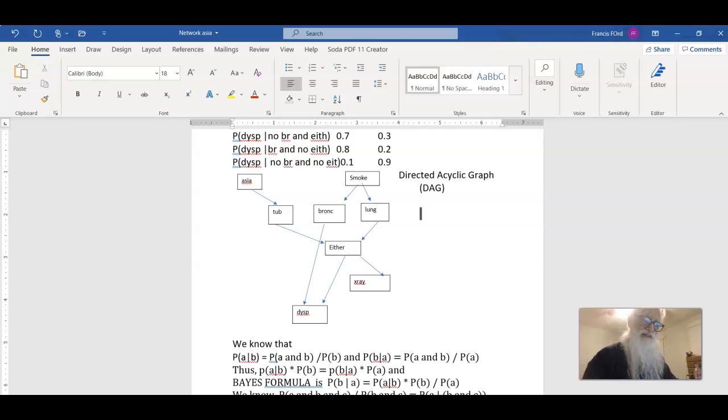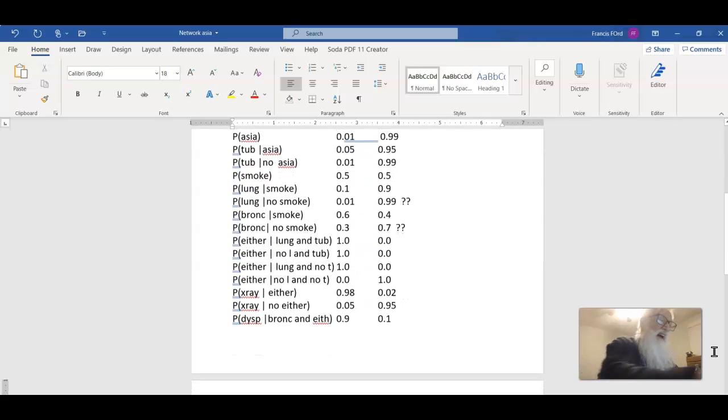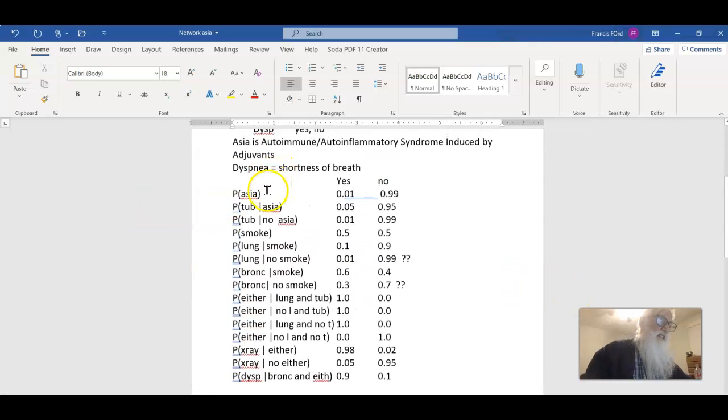This is a pretty standard concept from graph theory. Now, along with this network, you have to have some special information. Asia and smoke have no precedents. They have no parents. So you'll notice that we have a probability distribution for Asia, and we have a probability distribution for smoke.